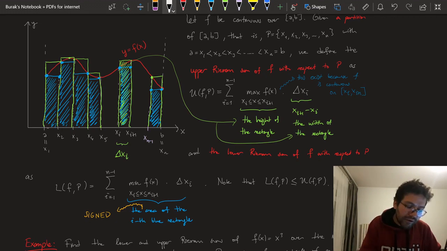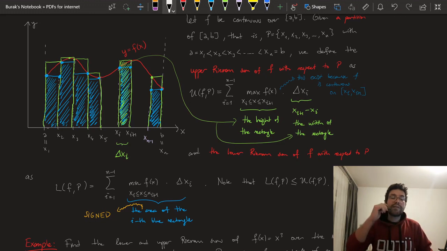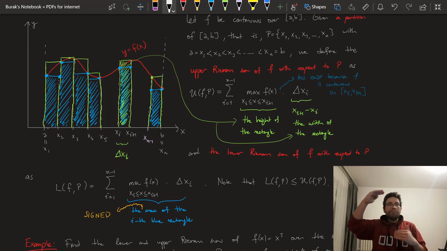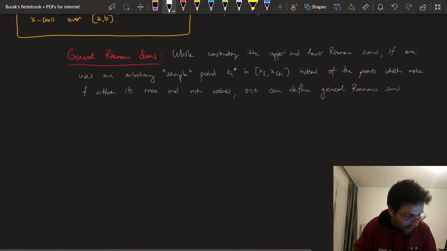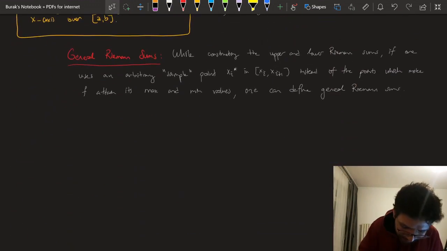So you take the point which gives you the largest possible value of f over that interval, whatever it is. Over here, you use the point which gives you the lowest possible value. Now, instead of the points which give me the maximum and minimum of f, maybe I should just take some arbitrary point. What happens? In that case, you get these arbitrary Riemann sums, okay?